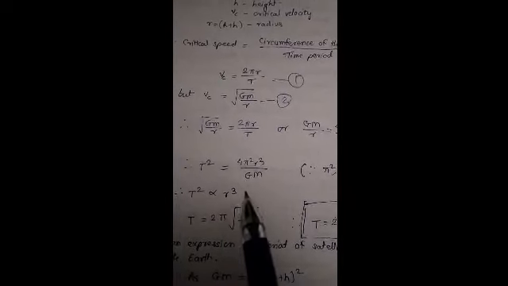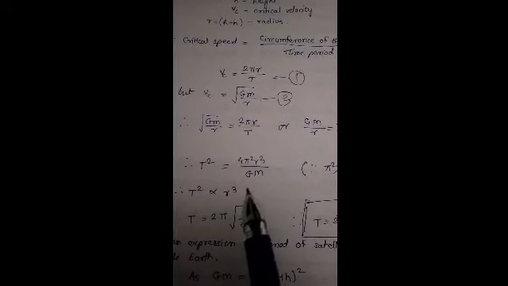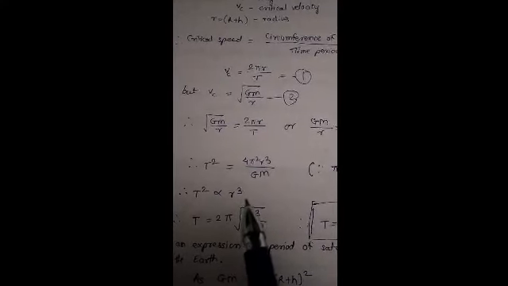Here 4, pi square and GM are constant terms and r is variable, so T square is directly proportional to r cube. That is, the square of the period of revolution of a satellite is directly proportional to the cube of the radius of the orbit.